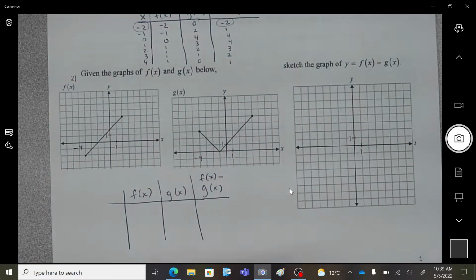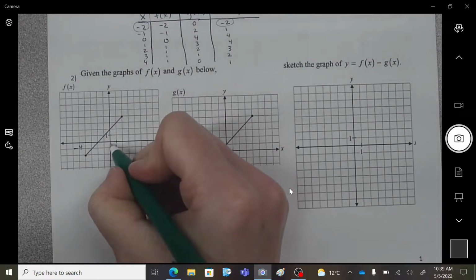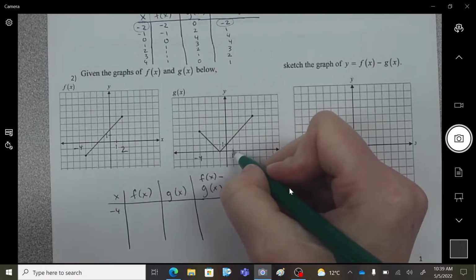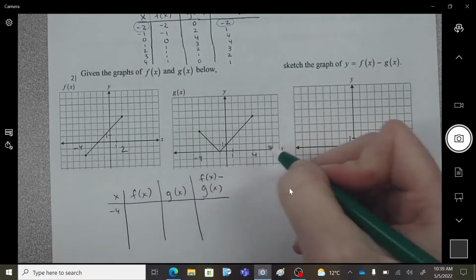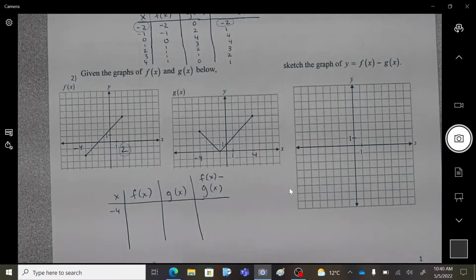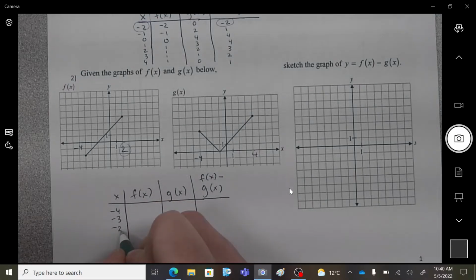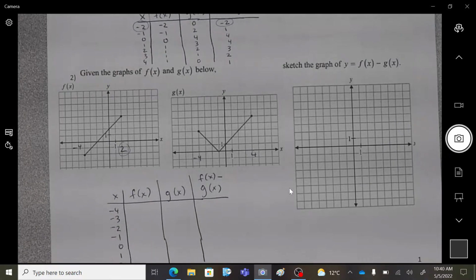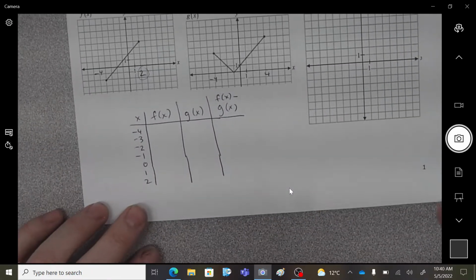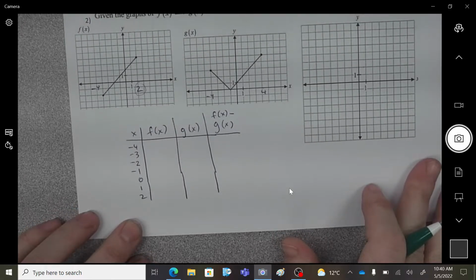That is a -4, so I can start at an x value of -4, and the farthest right is 2 and 4, so this is the farthest right I can go. So my domain is -4 to 2.